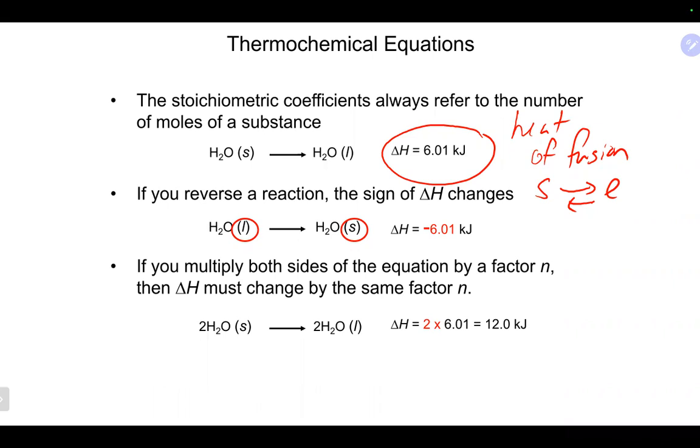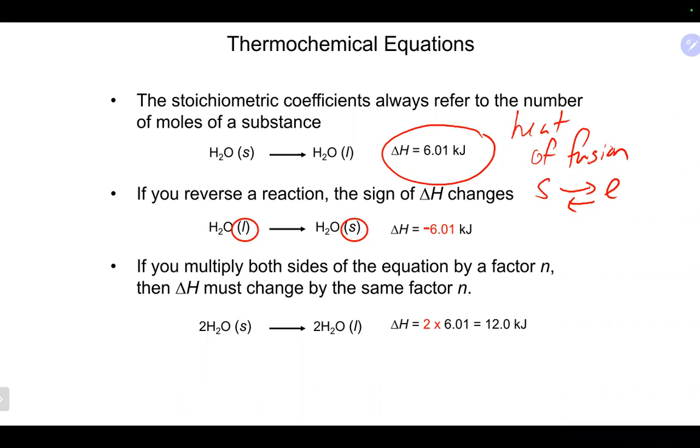Yes, technically that number we see up there is kilojoules per mole. If you had 1 mole of water, which would be 18.02 grams, and you were using that number in kilojoules per mole, you would leave it as 1 mole and multiply it. So that's why it would be 6.01.